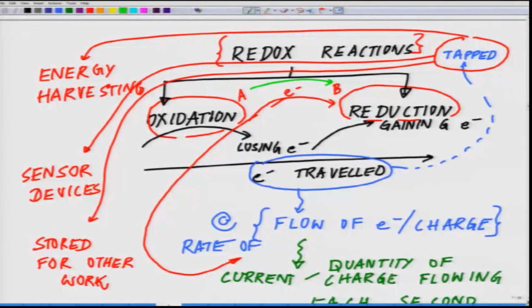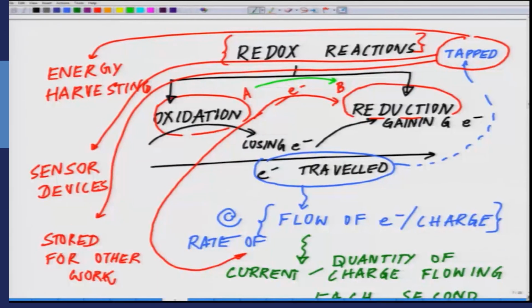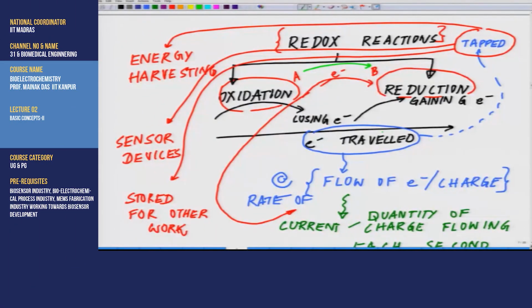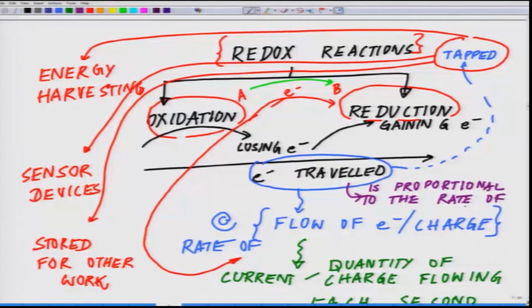Now, having said this, whenever there is a travel or movement of electron, this movement of electron indirectly tells something else. It is proportional to the rate of reaction.